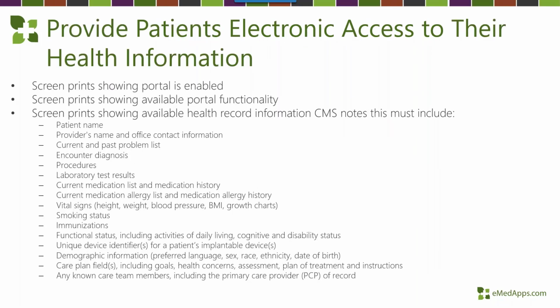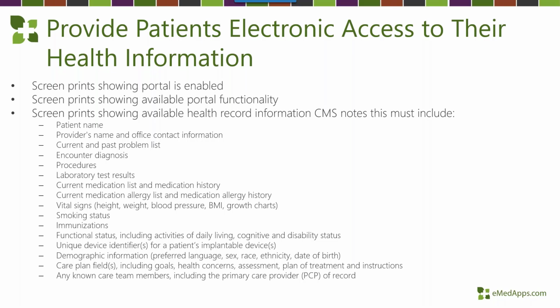So for the patient electronic access objective, definitely wanting to show that you have the portal enabled, so you can make sure you have screen prints of that showing it's enabled, showing the portal functionality, all the different information that's available to your patients, all the different kind of functions such as secure messaging, any kind of patient-initiated enrollment perhaps, any kind of functionality that's in there that you're allowing patients to do, downloading of their health record.